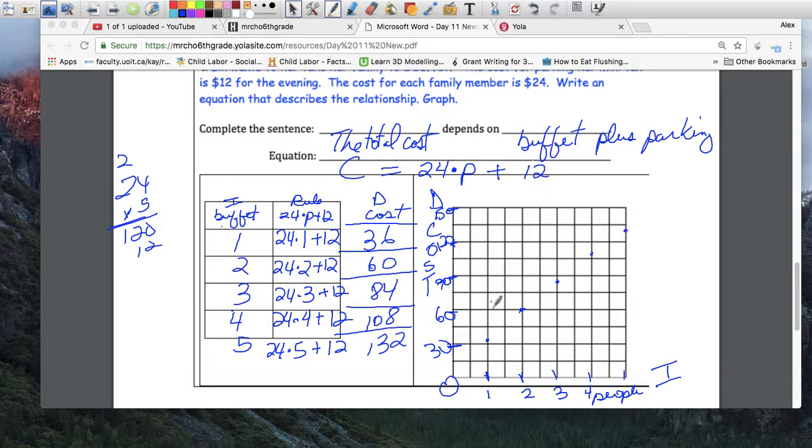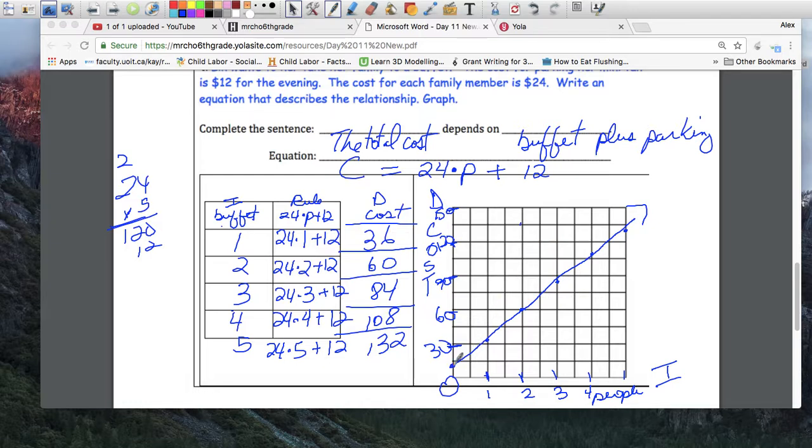Okay. So, will this start at 0? No, it won't, because it will start right here. This particular graph doesn't start at 0. Can you find out why? The reason it doesn't start at 0 is that if you actually went to the restaurant, parked the car, and decided not to eat for some reason, you still paid for parking.